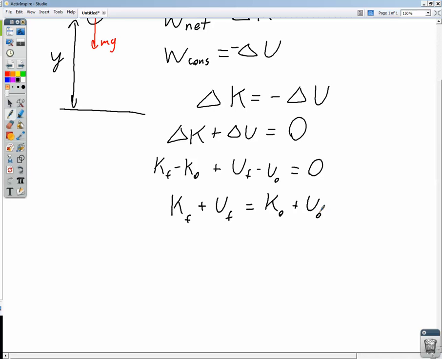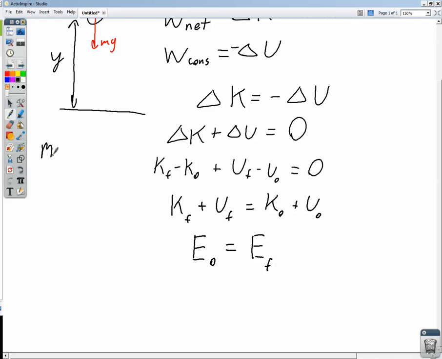So this means that the total energy at any initial time is equal to the total energy at any final time. And this energy specifically is called mechanical energy. And mechanical energy is conserved when only conservative forces are acting.